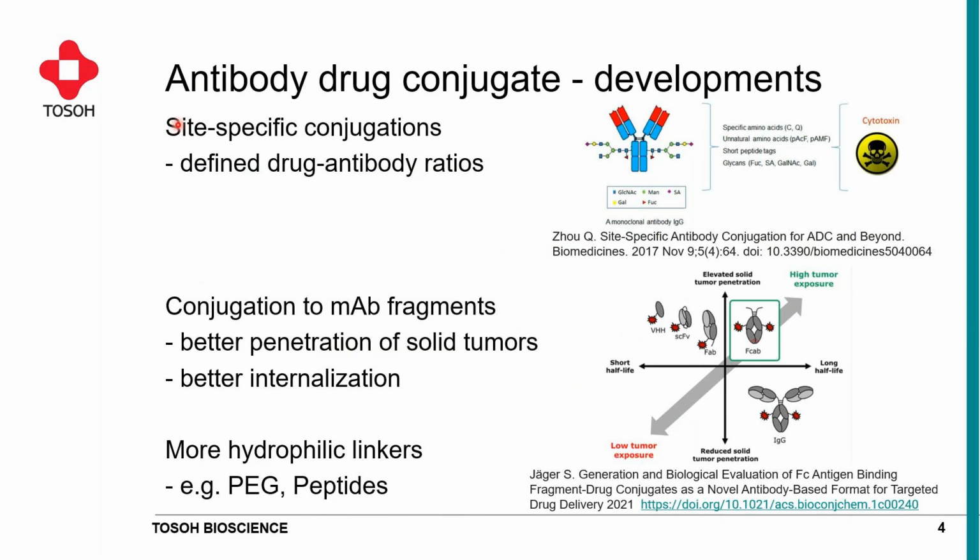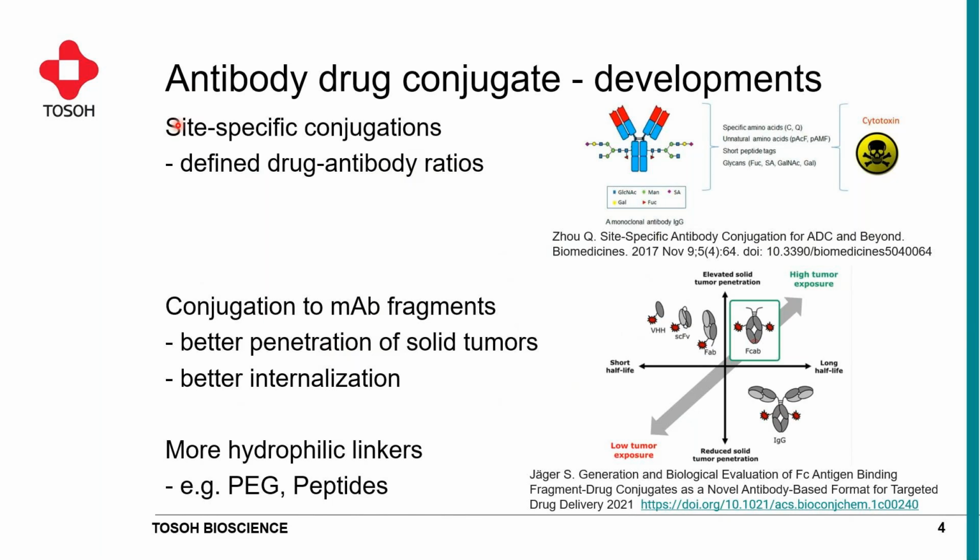This can be done, for instance, by using cysteine for coupling the chemotherapeutic drug, or glutamine, or even artificial amino acids that we introduce into the sequence of the antibody, and we then use it to link the linker plus payload onto the antibody.